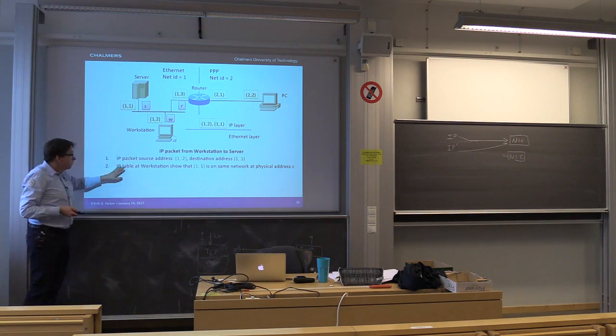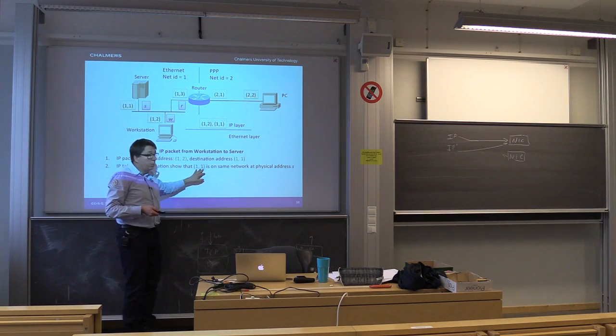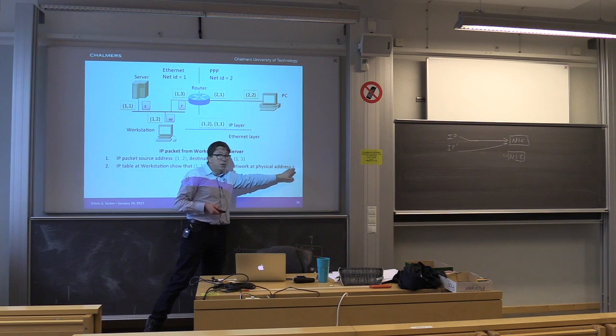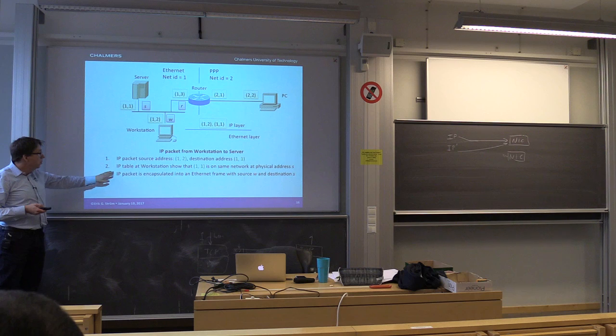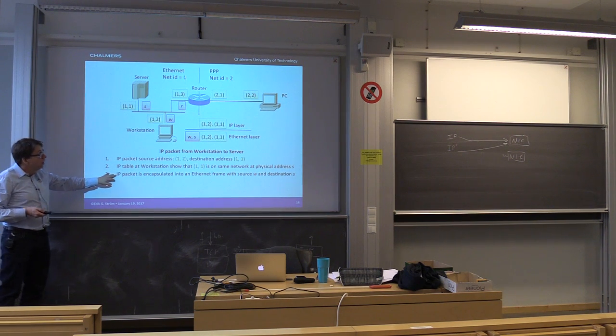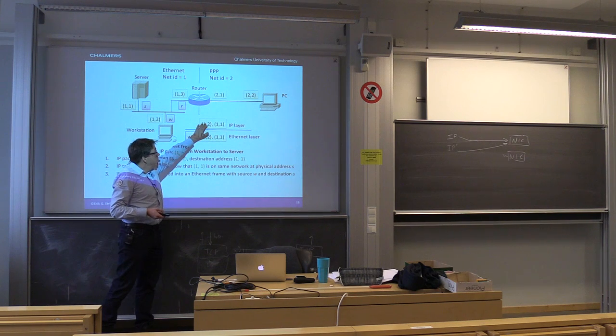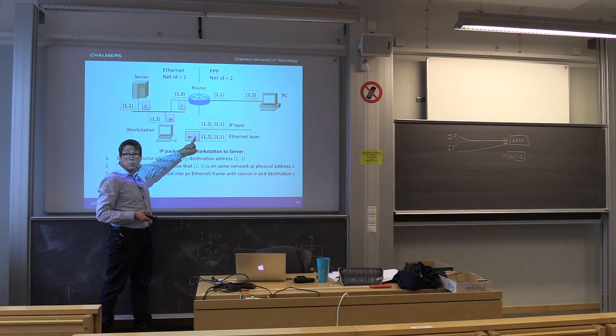So it says here that 1.1 is actually on my own network and has physical address S, MAC address S. So then the IP packet is encapsulated into an Ethernet layer here. And so the IP protocol tells the Ethernet protocol, okay, here's a packet, please send it to S.